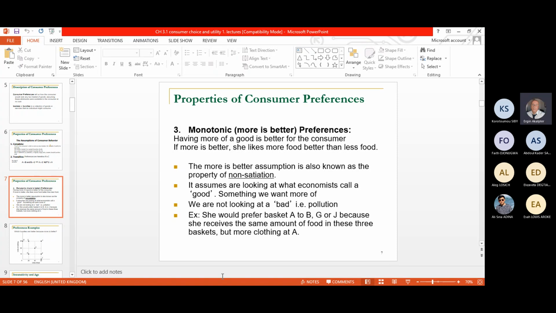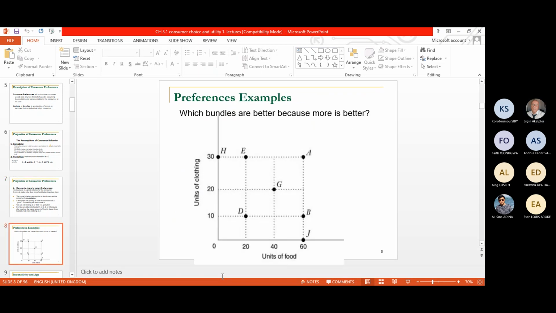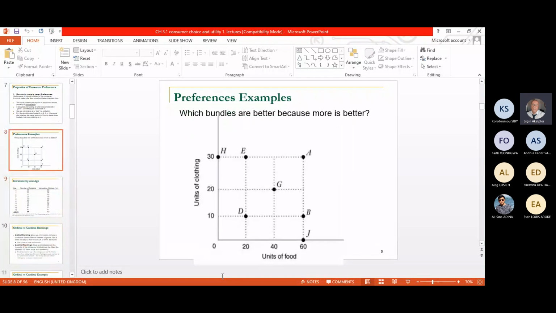As I said, she would prefer basket A to B or G or J because she receives the same amount of food in these three baskets, but more clothing in A. When we look at this graphical illustration, which bundles are better because more is better? As you see, the numbers are given here, units of clothing and units of food.